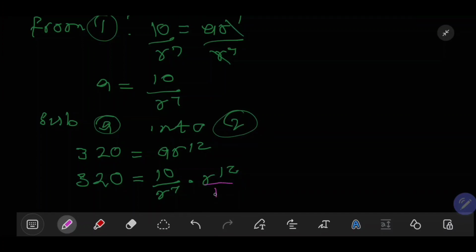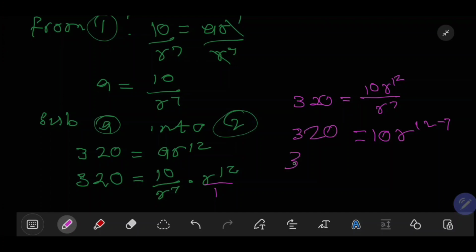This is over 1, so it's direct multiplication, giving 320 equals 10r^12 divided by r^7. When dividing powers of the same base, we subtract the exponents, so we have 10r^(12-7), equated to 320, and we're left with 10r^5.